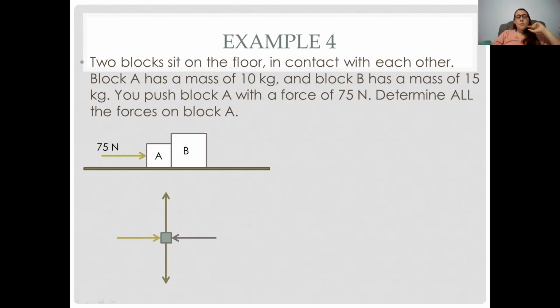Okay. We also have a force from block B on block A. They are touching each other. So when we're pushing on block A, it's being pushed into block B. And Newton's third law tells us that if block A is pushing on block B, then block B is pushing right back on block A with the same amount of force in the opposite direction.